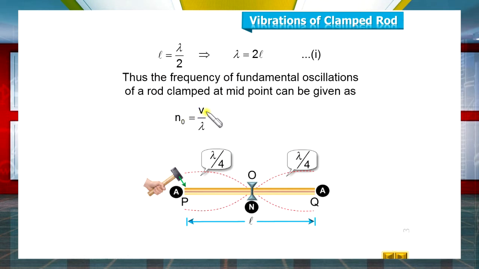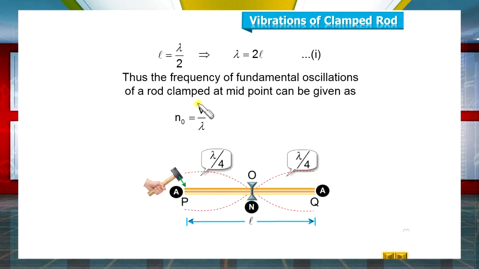And V is the velocity of the wave in this rod. This is a solid medium. This rod has Young's modulus, that is the modulus of elasticity, Y. Let the density of the material of the rod be rho.